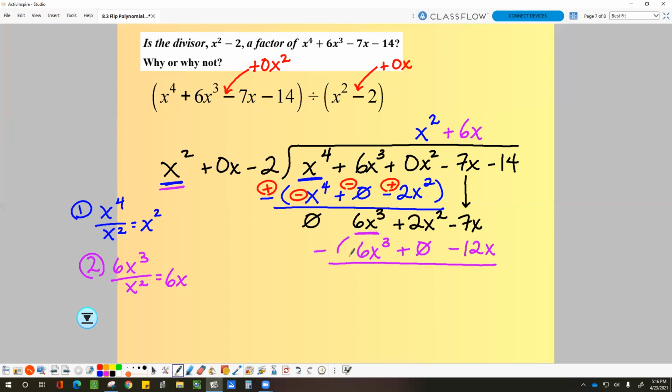I need to subtract this polynomial, so I change all the signs, and I combine like terms. 6x to the third minus 6x to the third is 0. 2x squared minus 0 is 2x squared. Minus 7x plus 12x is plus 5x. And I bring down minus 14.